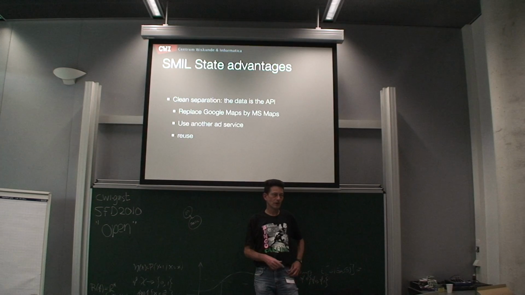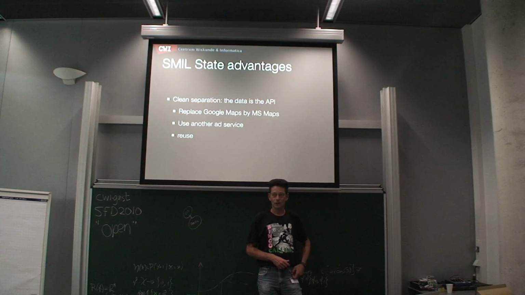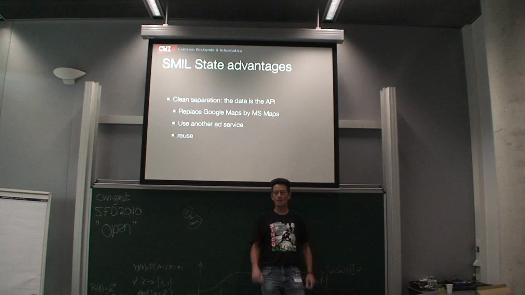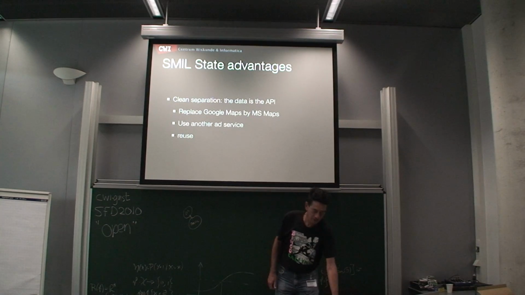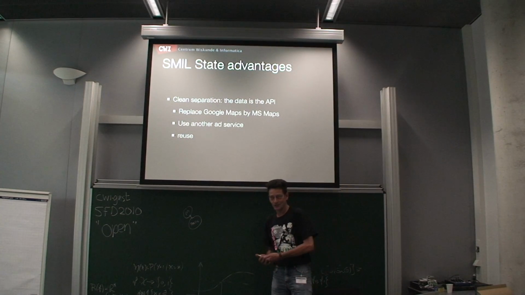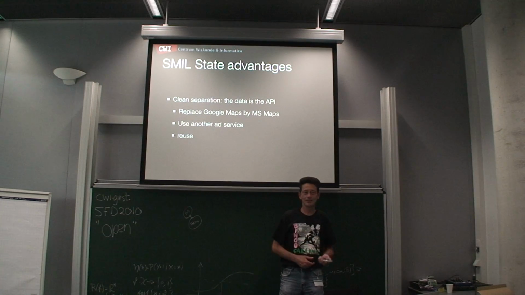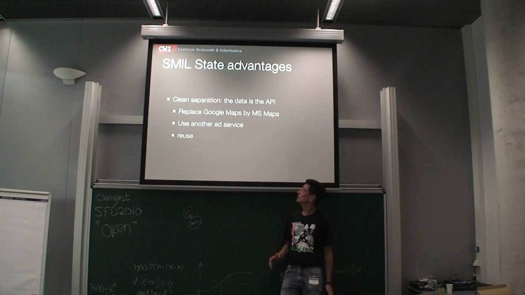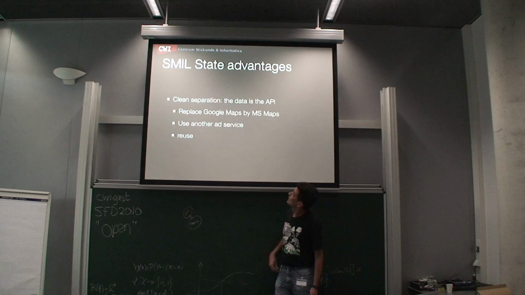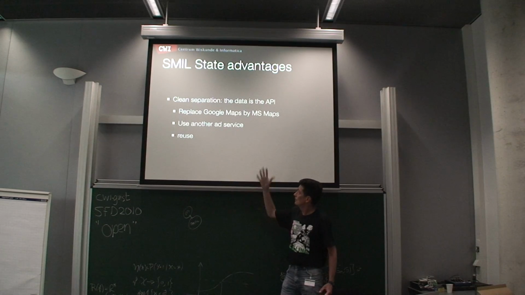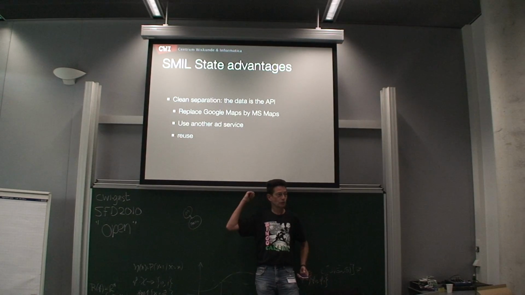If somebody wants to use Microsoft Maps or Yahoo Maps, or even if you have a small screen, no maps, or if you have an interface like this that your phone points in the right direction, that is completely open. And the same for the ad service. There were advertisements. I don't know if you saw them.